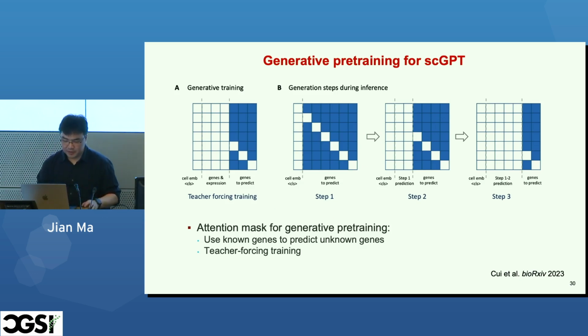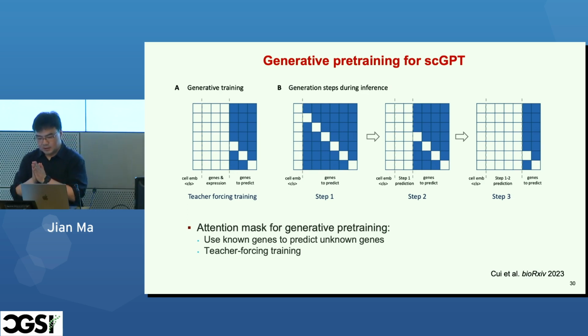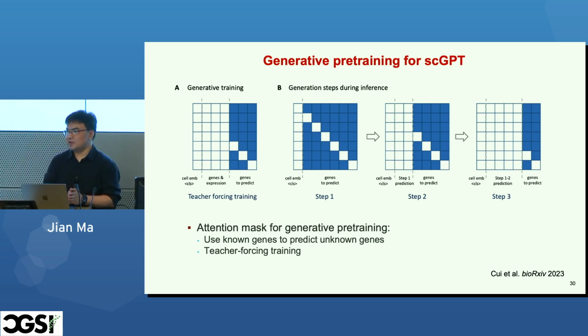Very briefly, one interesting aspect of scGPT is the generative pre-training. Because it's GPT, it's autoregressive: you use the information that you have seen to predict the next word, like in natural language. Here, the authors came up with the idea that you can try to predict what they call unknown genes from the known genes that you have.